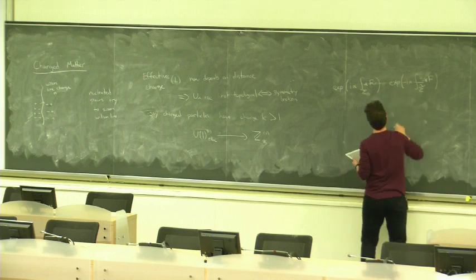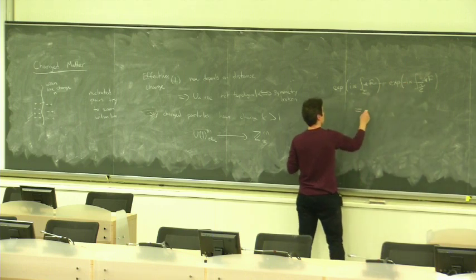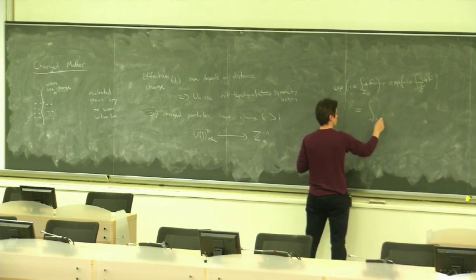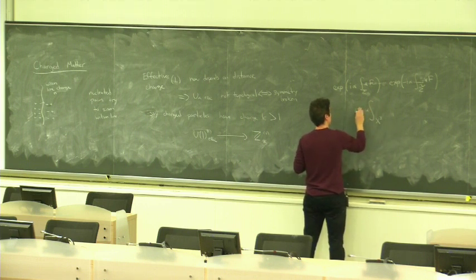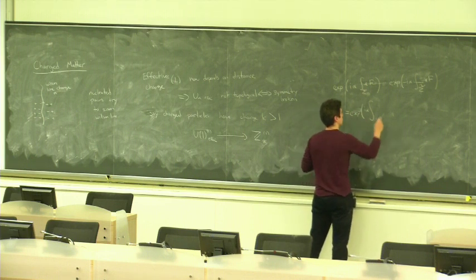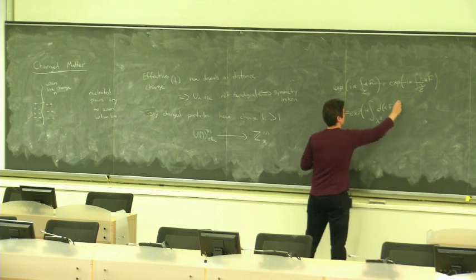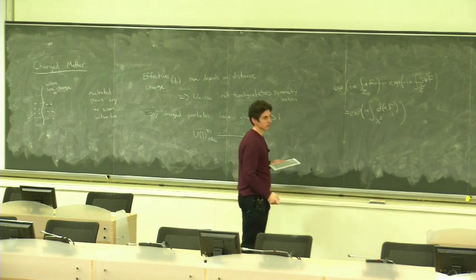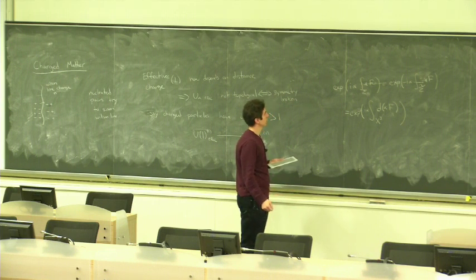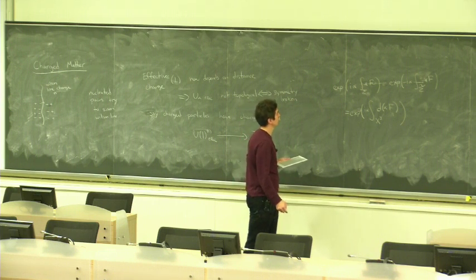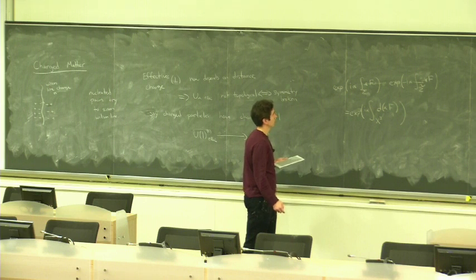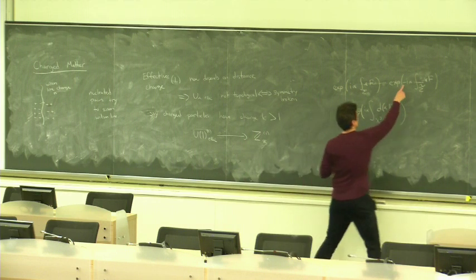Sorry, let's do it this way. This minus that equals, again, the integral over some x, which is a 3-manifold, the difference between them, of I alpha. There should be a minus here.